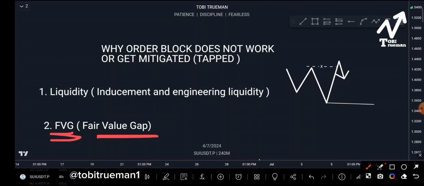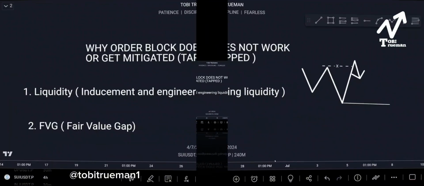So if we have another block, and between the order block, before the main order block will be mitigated, there's a fair value gap in it, you'll see that price will tap into the fair value gap, and then the last block that needs to be tapped, price may not go there.